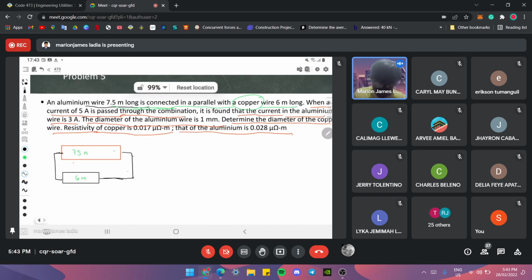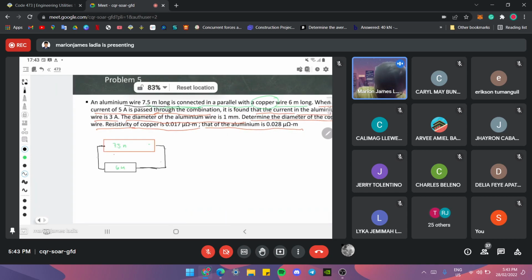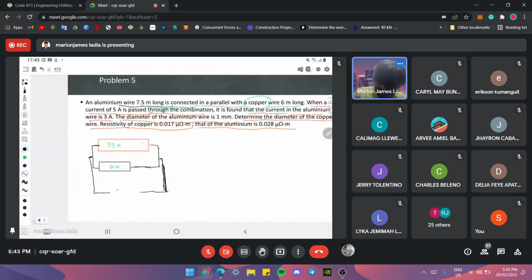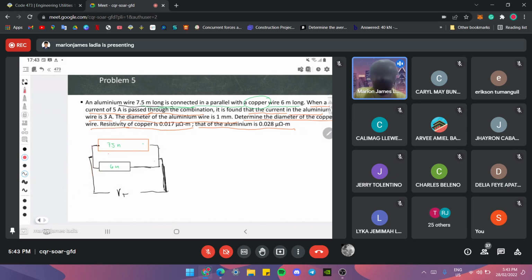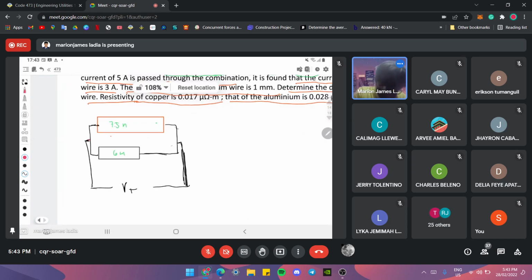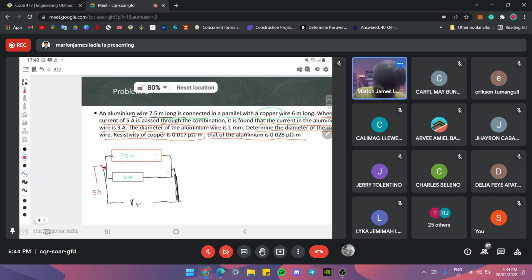Naka-parallel guys, di ba? Ganyan yung parallel combination natin. Then of course from this, papunta sa ating voltage, V total. Di ba? Ganyan yung illustration natin kanina. Ayan. But take note, additive ang current. Ito yung node natin. So according to the problem, may pumasok daw dito na 5 ampere. Tapos, si aluminum, nakakuha siya ng 3 ampere.